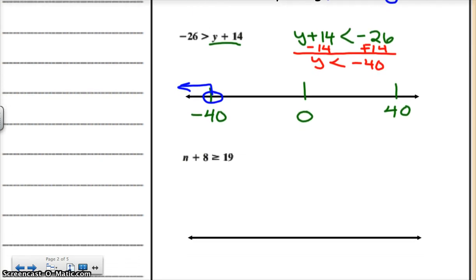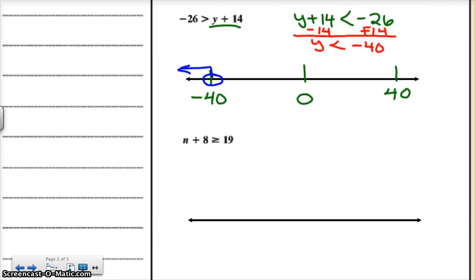All right, n plus 8 is greater than or equal to 19. How do I move that 8? I minus. So my operation is plus. The inverse operation would be to minus or subtract. N is greater than or equal to 11.